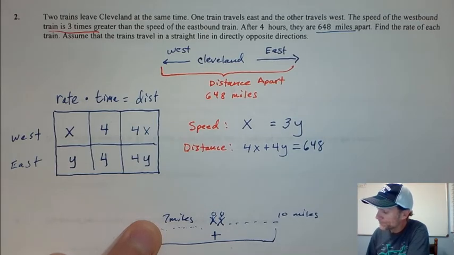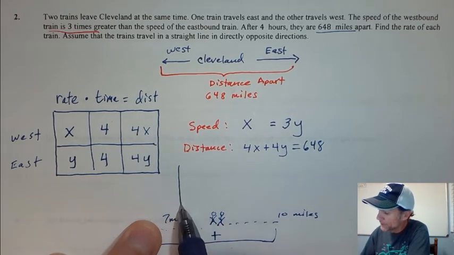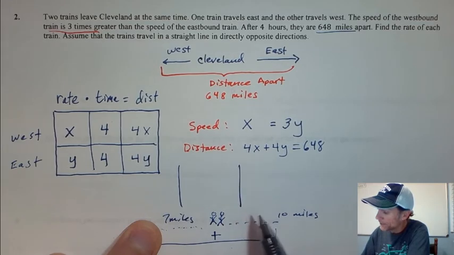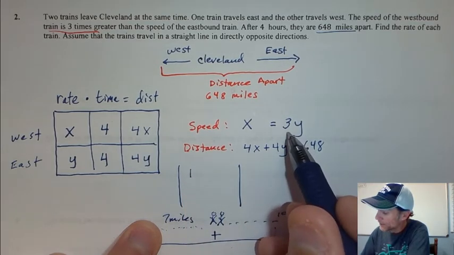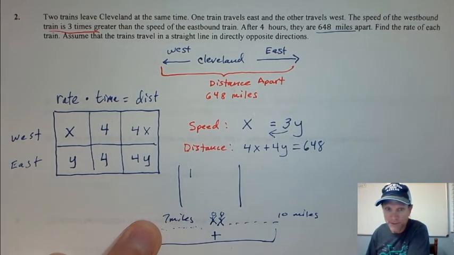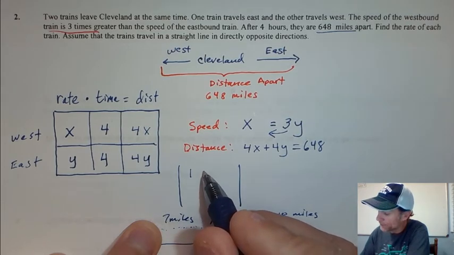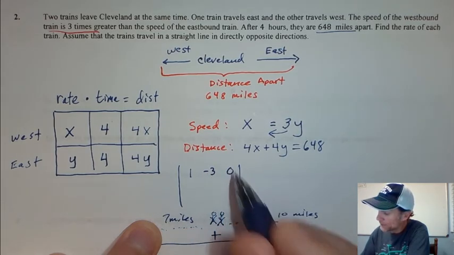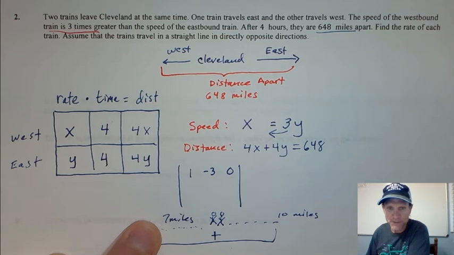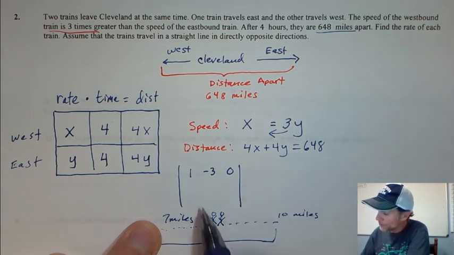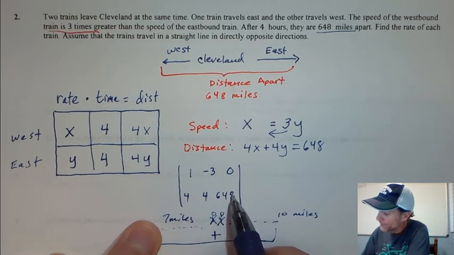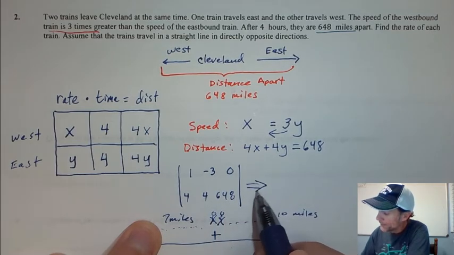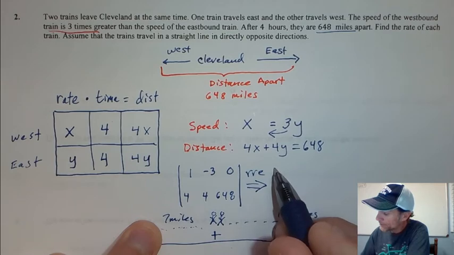Okay, so hopefully you can see your matrix here. It's a little bit tricky because I have to move it over to get it onto the left side. So I get -3, and then that leaves me nothing on the right side of the equation. For my equation 2, I have 4, 4, and 648. And then I'm going to do a REF on this.